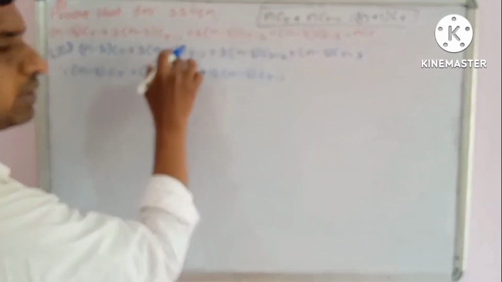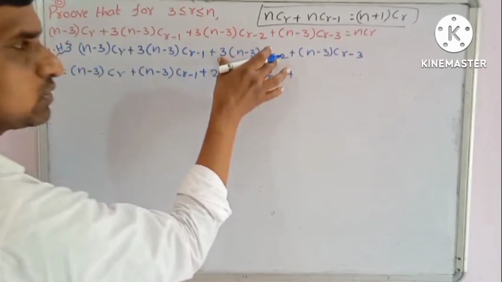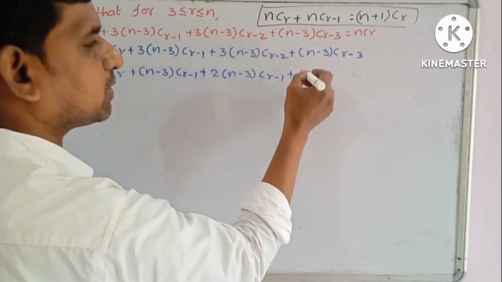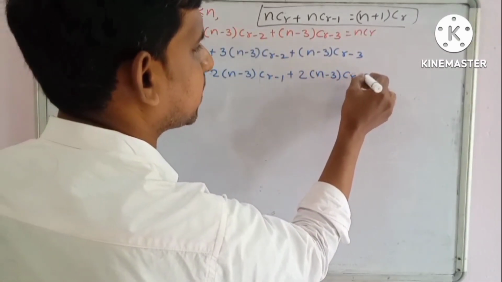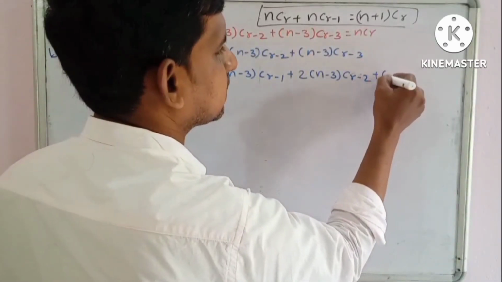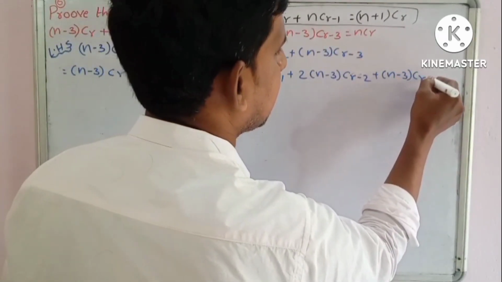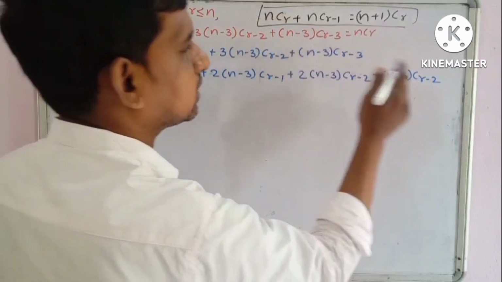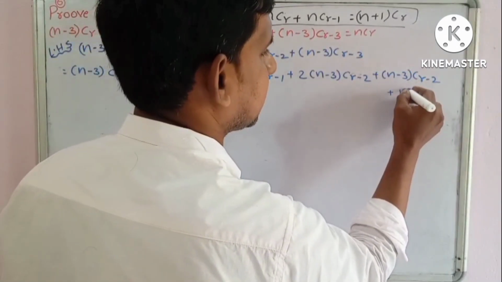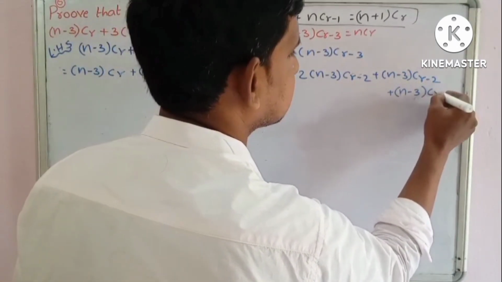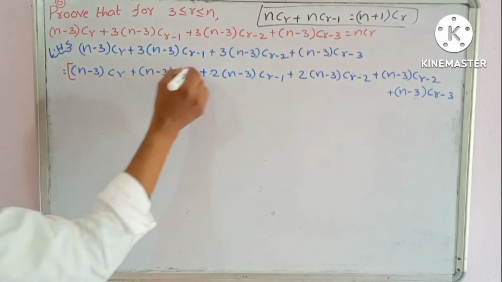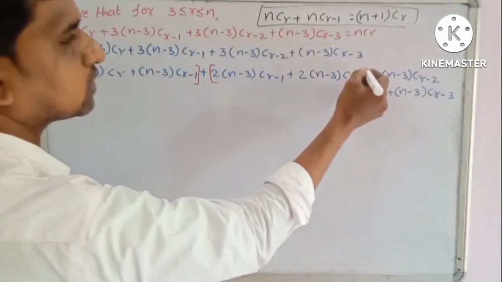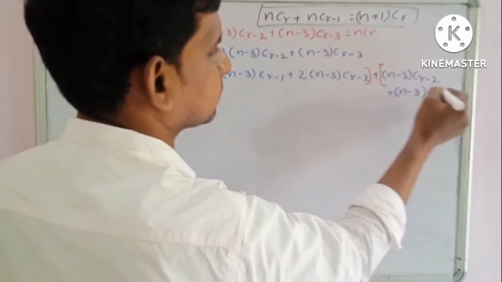So 1 plus 2, 3. Okay, plus the third term can be divided into 2 into (n minus 3)C(r minus 2) plus (n minus 3)C(r minus 2). 2 plus 1, 3. Still what is the balance? (n minus 3)C(r minus 3). Okay. Now keep brackets for the first two terms, next two terms, next two terms.